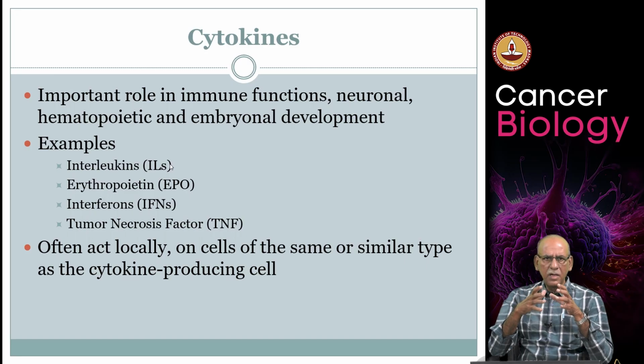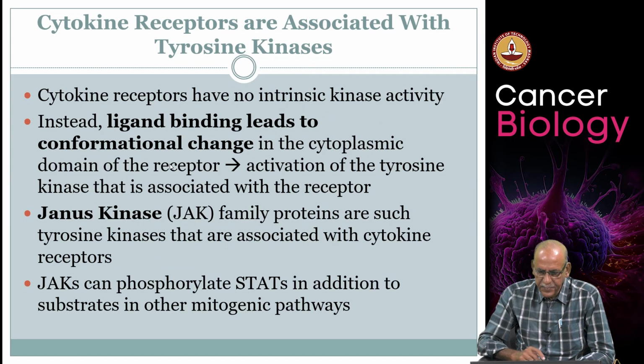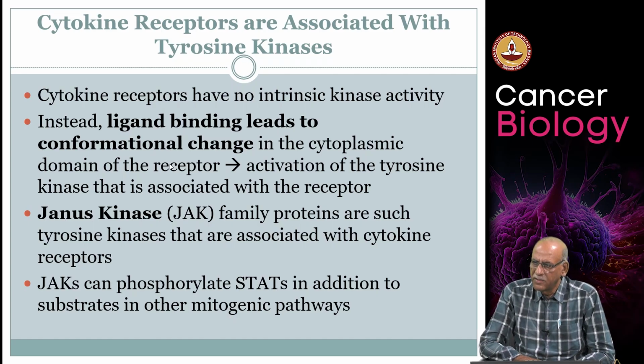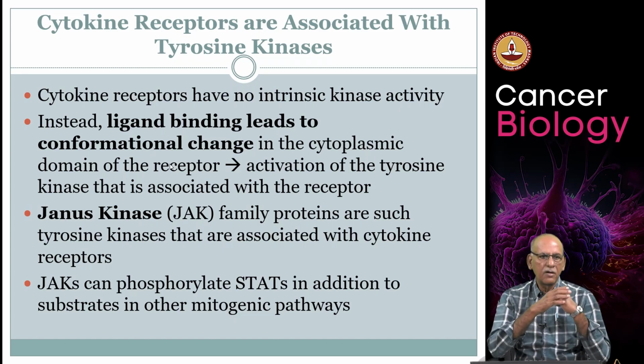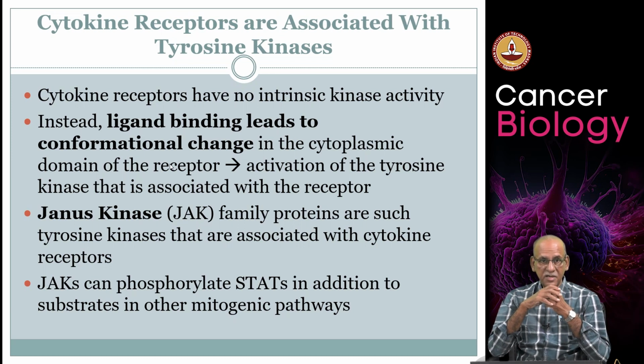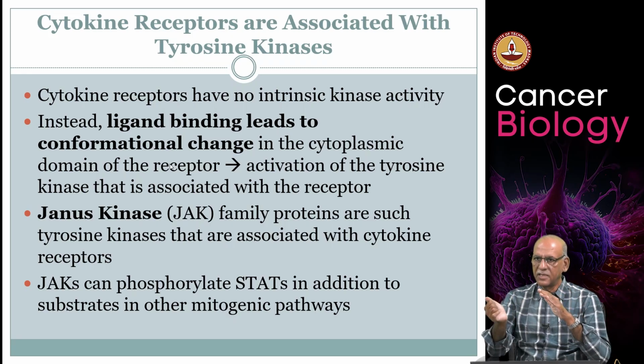Often they act locally, meaning that they act on the cells that are the cytokine producing cells. We'll look at some examples so that it will be slightly clearer. If you remember, when I talked about receptors, I told you some receptors will have tyrosine kinase activity. They are called receptor tyrosine kinases. But some other receptors will not have intrinsic tyrosine kinase activity; they are transmembrane proteins, but they align with intracellular tyrosine kinases.